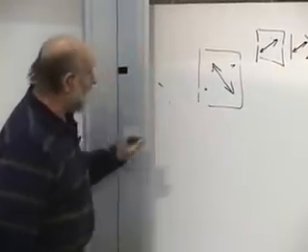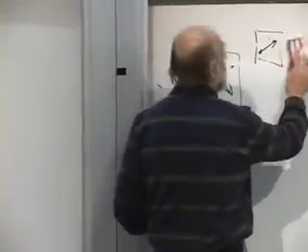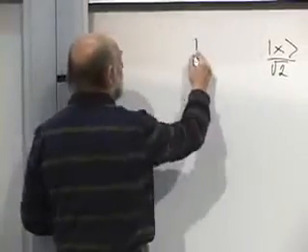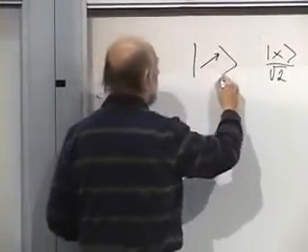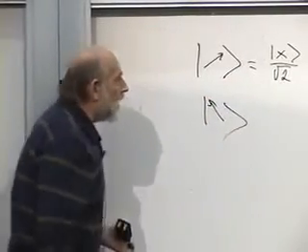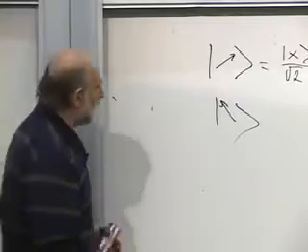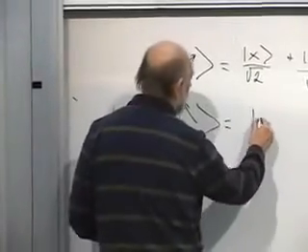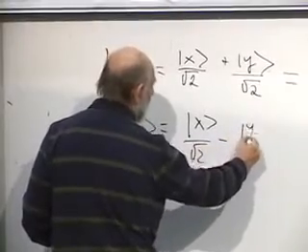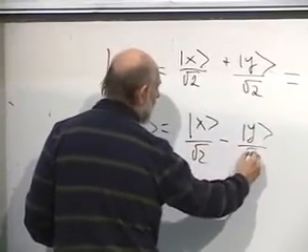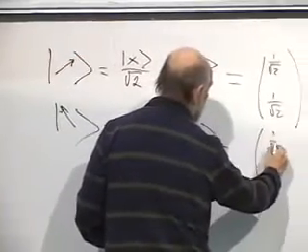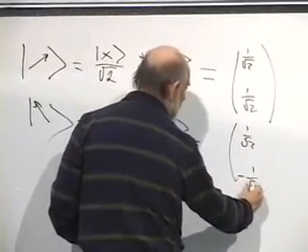So let's see if we can find a vector which is orthogonal to this vector. It's not very hard. It's just x over square root of 2 minus y over square root of 2, represented by 1 over square root of 2, minus 1 over square root of 2.